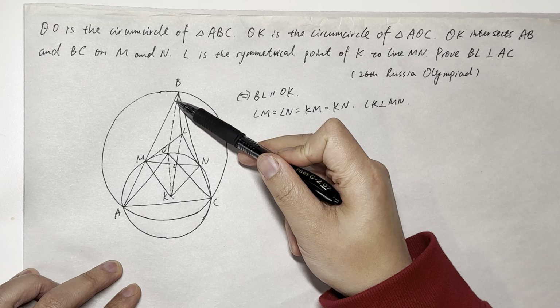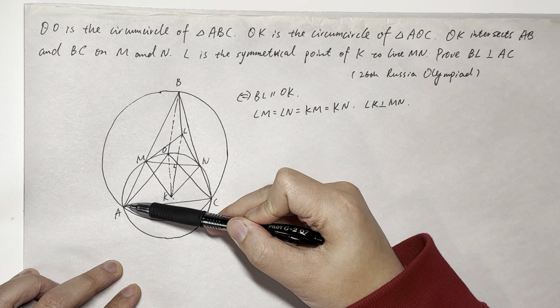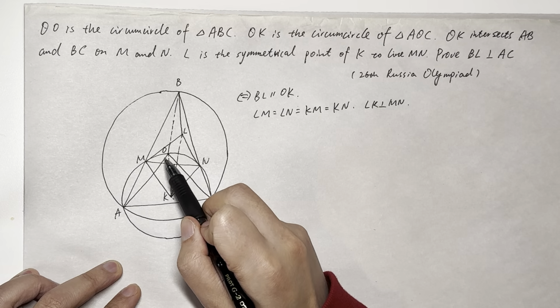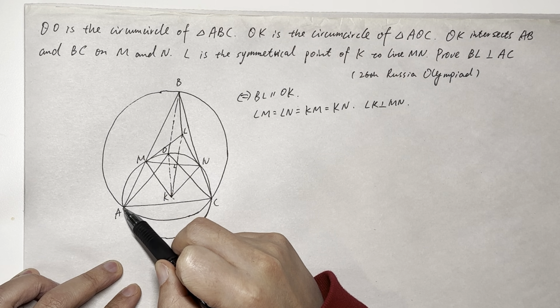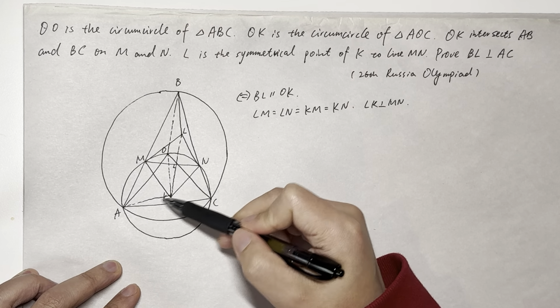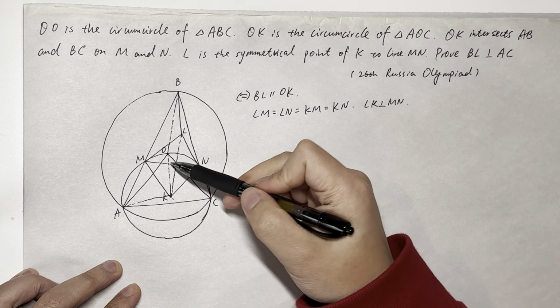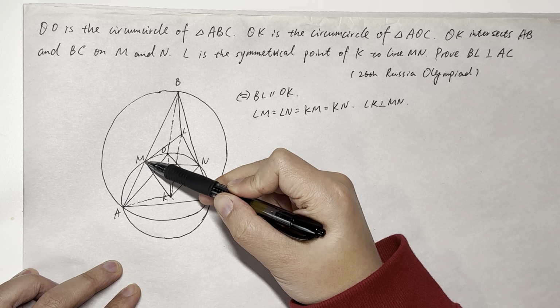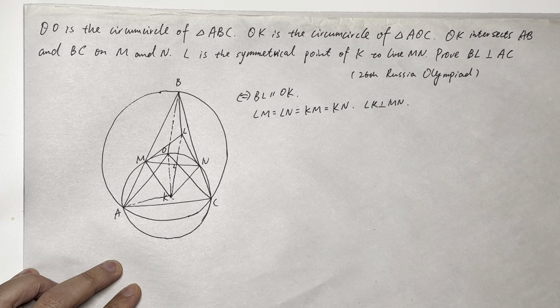What about OB? OB equals OA, and OA appears in an isosceles triangle OKA, where OK also equals MK, right?